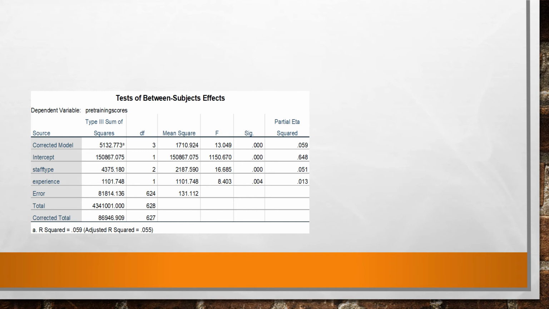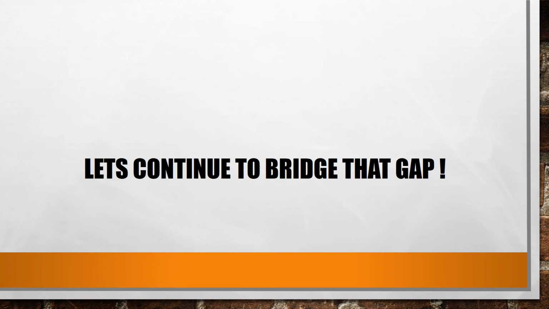It also shows staff years of experience being less than 0.05 and being significant. So from all the tests, pretty much all variables are somewhat significant to the pre-training scores.